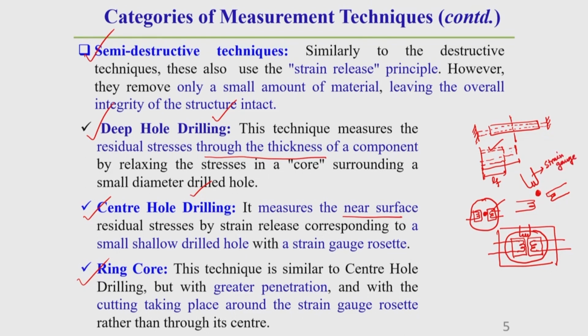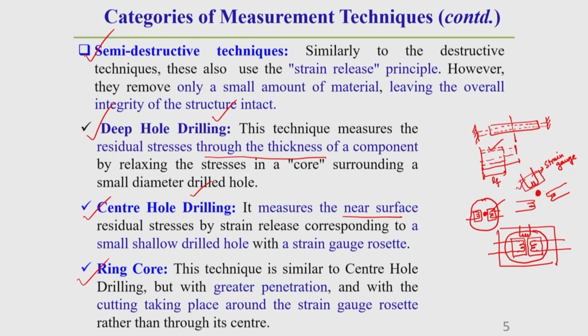Once we make the hole here, the strain component will release this strain and return back to its original position. If the strain gauge is placed over the surface in such a way that once this release of strain occurs, the strain gauge is subjected to some expansion or contraction.